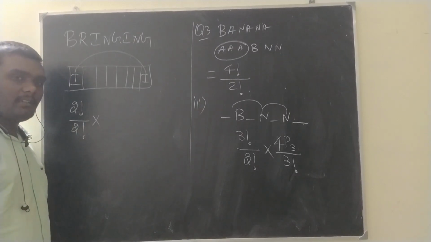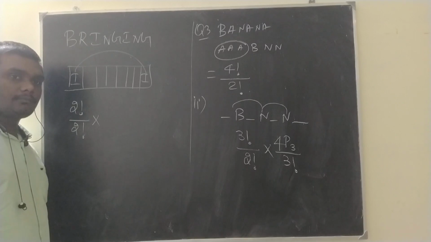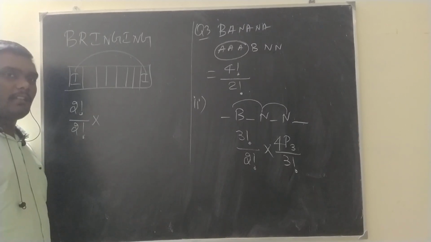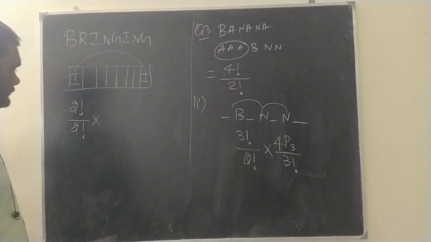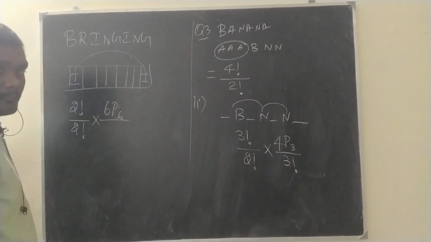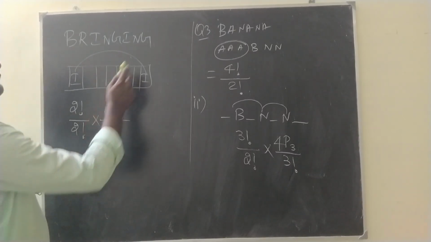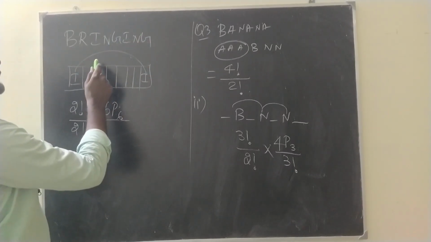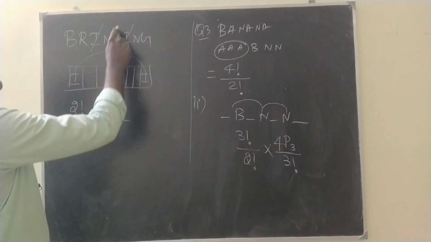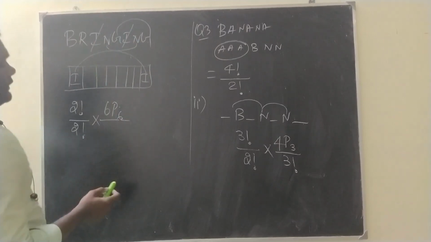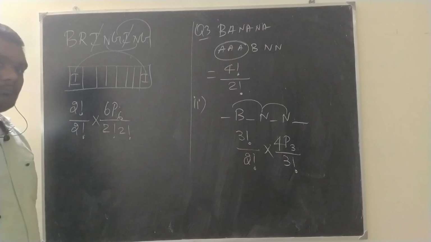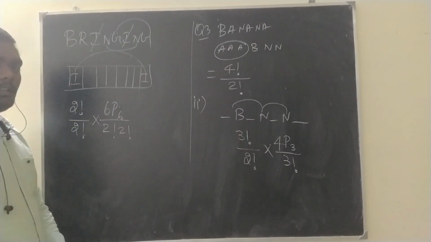The number of permutations is 6P6 by 2 factorial into 2 factorial. Understood or not?